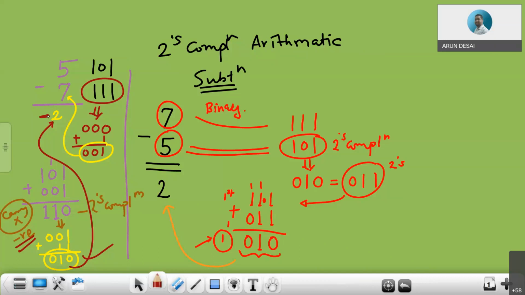Okay. So I'll give you one example. We'll solve this: 23 minus 48. I'll give you 2 minutes, 3 minutes. Just solve this example, 23 minus 48.